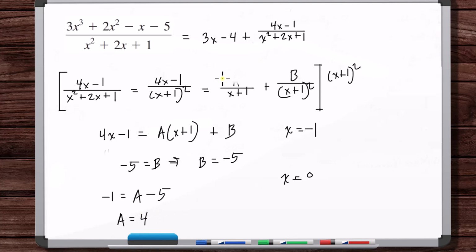Okay, so four. Okay, so we've got, and that is the decomposition.